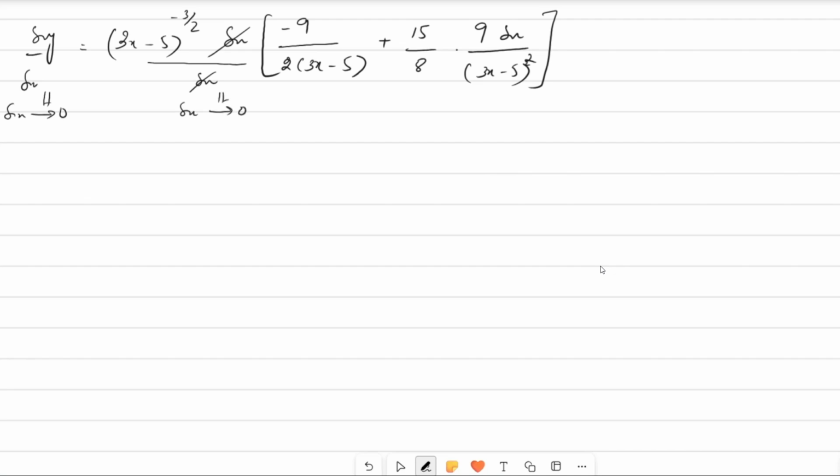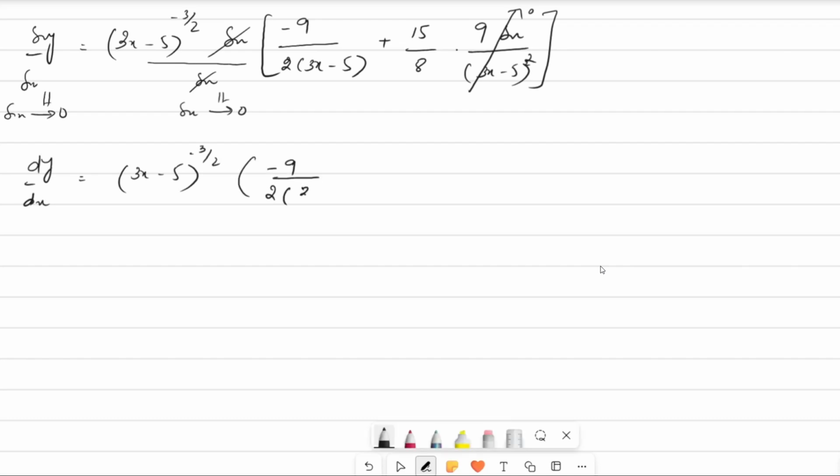Limit is applied. When delta x approaches 0, here we are having delta x and this whole will be equal to 0. So it will be converted into dy by dx, and (3x - 5) raised to the power -3/2 into minus 9 upon 2 (3x - 5). This whole is 0. So we can write down the answer as minus 9 upon 2 into (3x - 5) whole raised to the power.